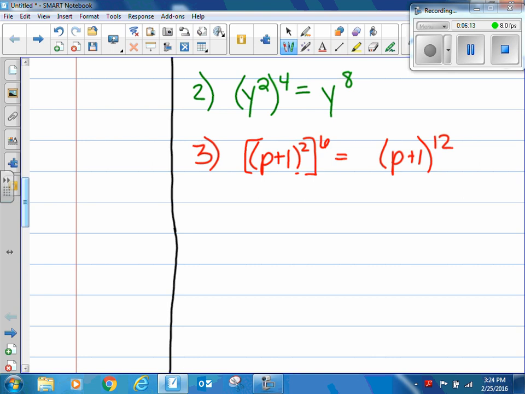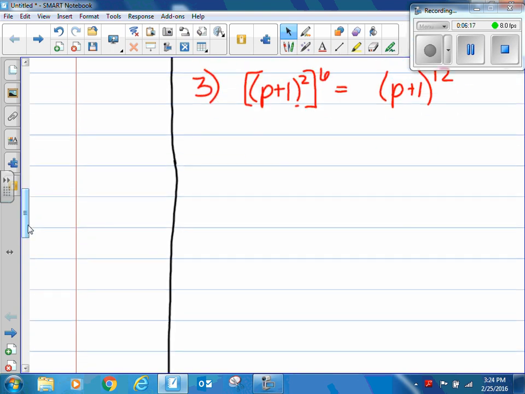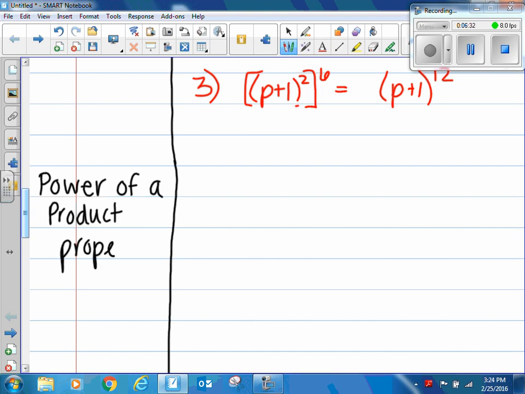All right, the last one that we're going to look at today, before we do some practice, is a power of a product property. And we know what product means, right? When you hear the word product, you should think to multiply.